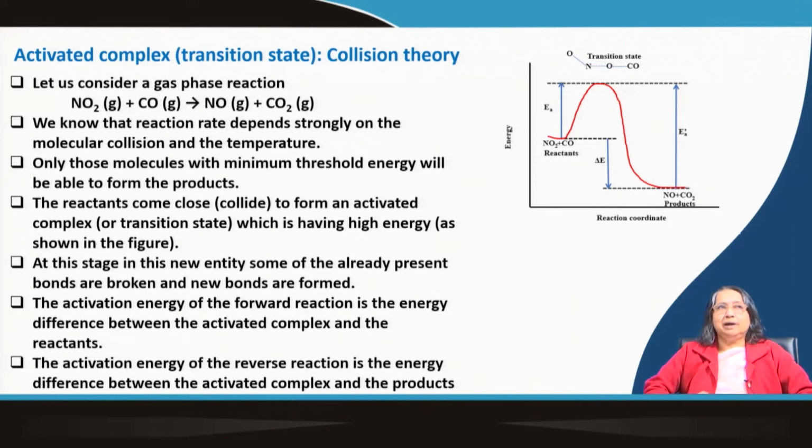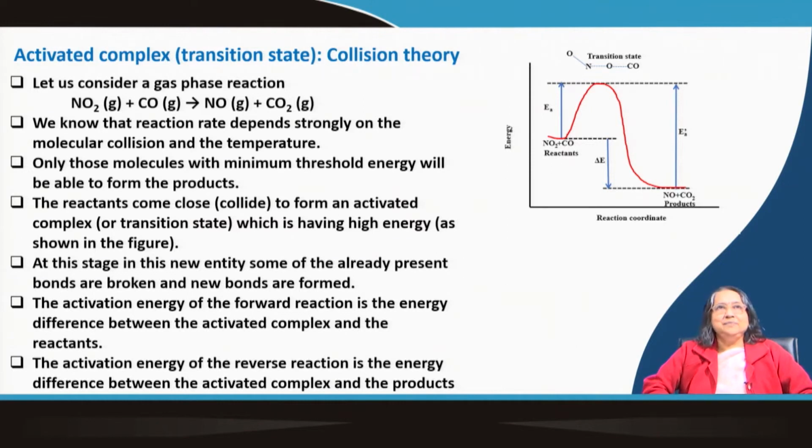When one marble is going up, the kinetic energy is decreasing, potential energy is increasing. When it is at the top of the hill, potential energy is maximum and kinetic energy is 0, and then when it crosses the hill, again potential energy is decreasing, kinetic energy is increasing.